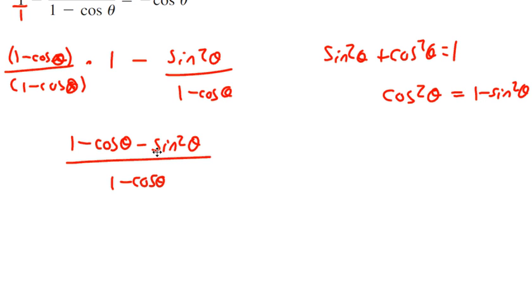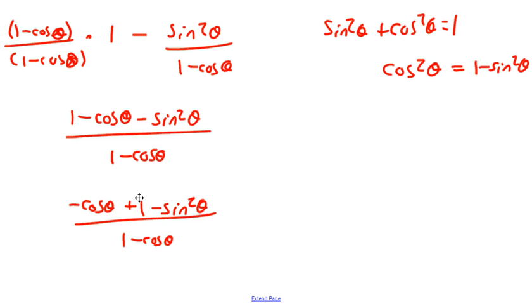So in order for you to see it, I'm just going to rewrite this as negative cosine of theta plus 1 minus sine squared theta. All I did was reverse these. I put the 1 right here and the cosine over here, just so that you can see clearly what I'm trying to show you. So 1 minus sine squared, look right here, 1 minus sine squared is cosine squared.